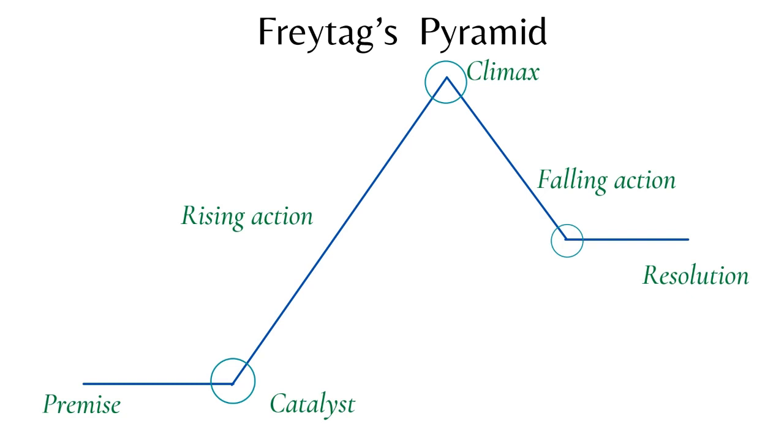A story is basically about a before and after. So your premise is the time when everything is balanced in the world that you are creating. The world is normal, everything is good and right with the world that your main character is living in.